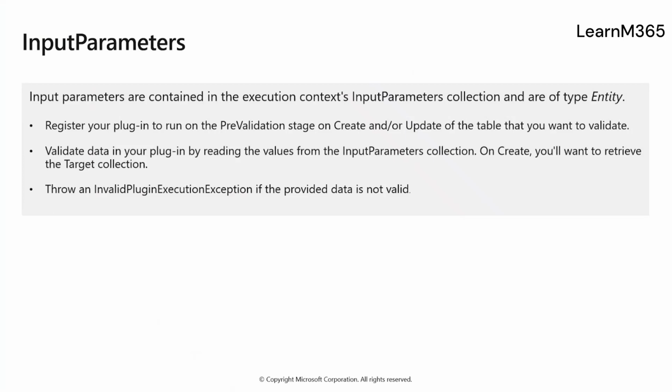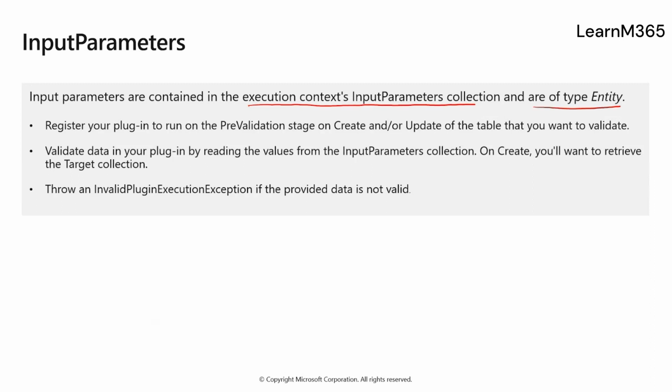So now let me give you some details around the code which we have used in the example also. So input parameters, the input parameters are contained in execution context inputs parameter collection and are of type entity.